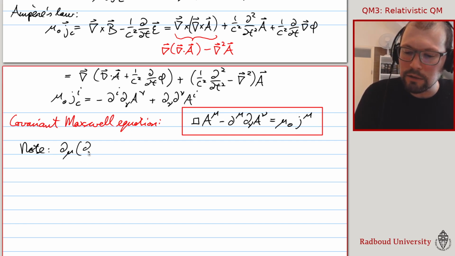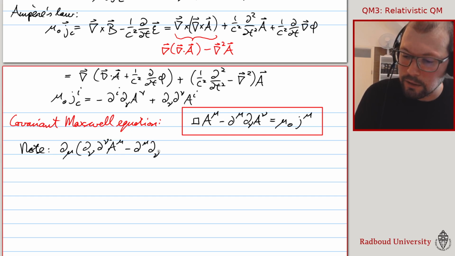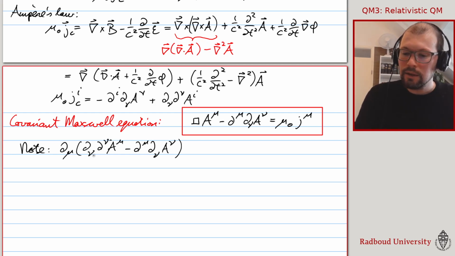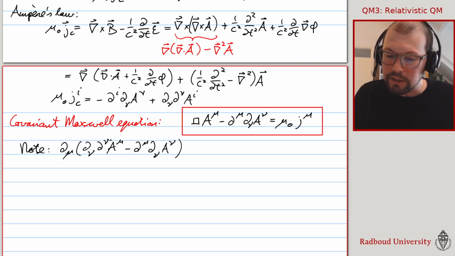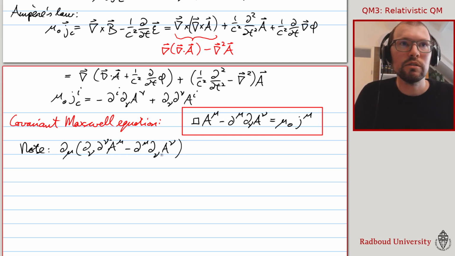If I write out the D'Alembert again as d nu d^nu acting on A mu, then I see that this is really the D'Alembert acting on the four-divergence of A, and here I also get the D'Alembert acting on the four-divergence of A. So these terms are really identical.